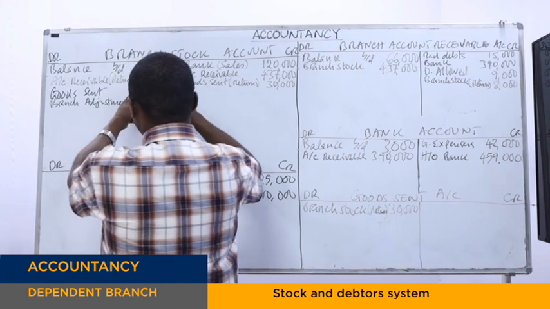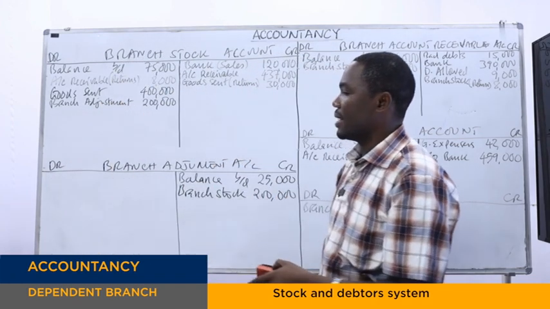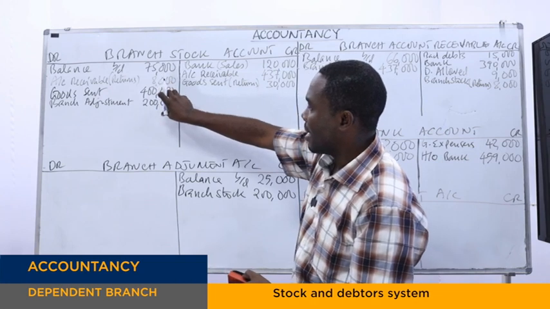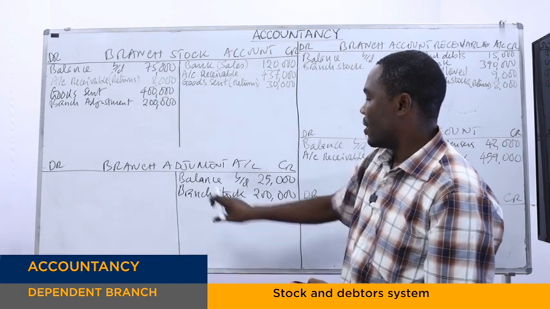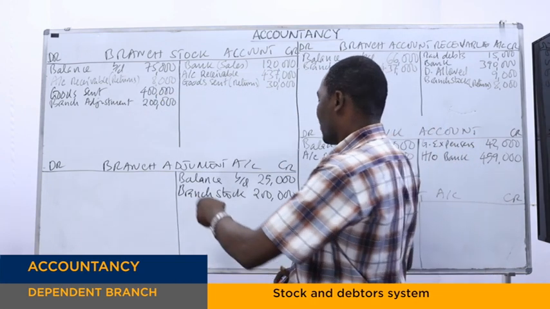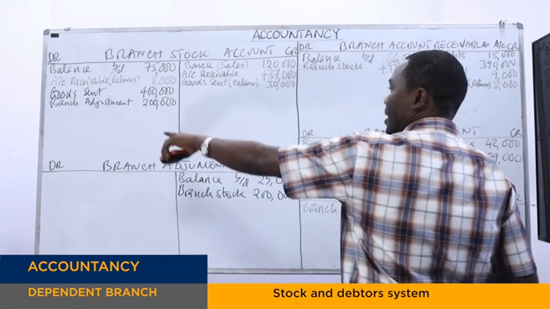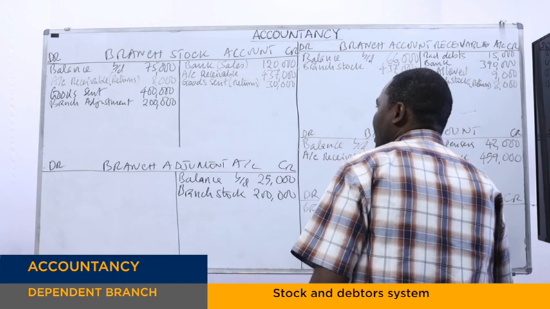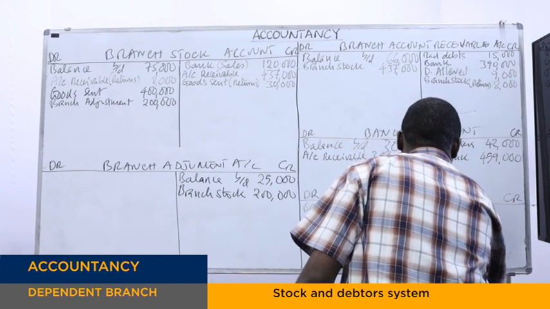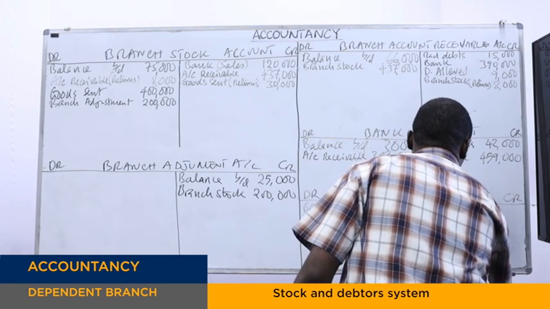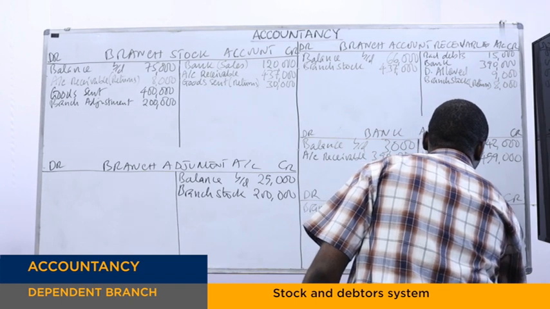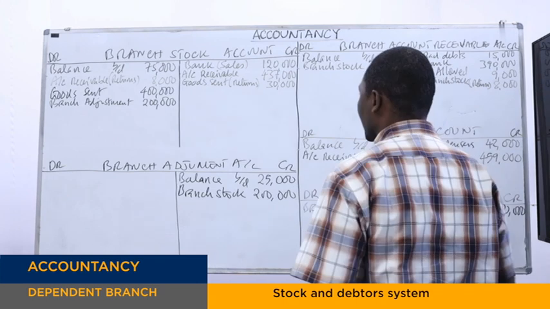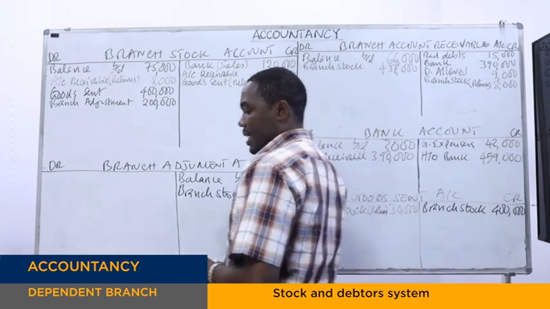You may also write goods end 600, there is no problem. But of course the double entry will be much better if we record it in that way. Then of course we have the goods end being credited with the 400 branch stock. That will be 400,000. What next?